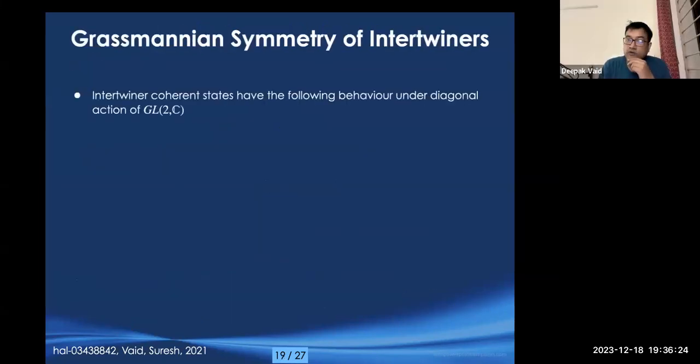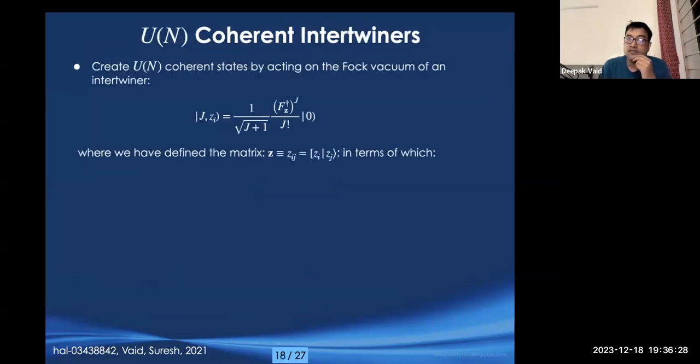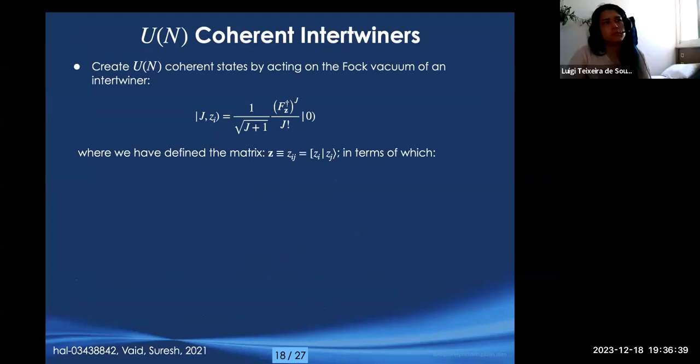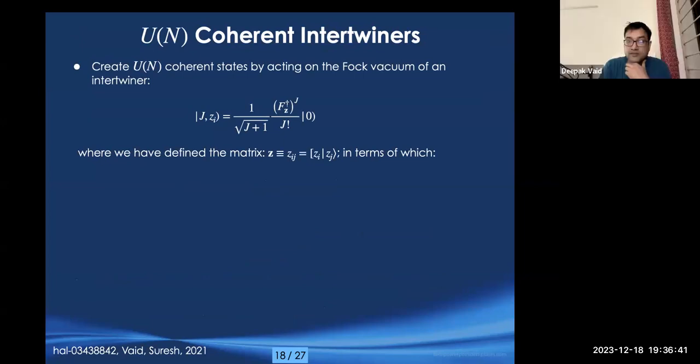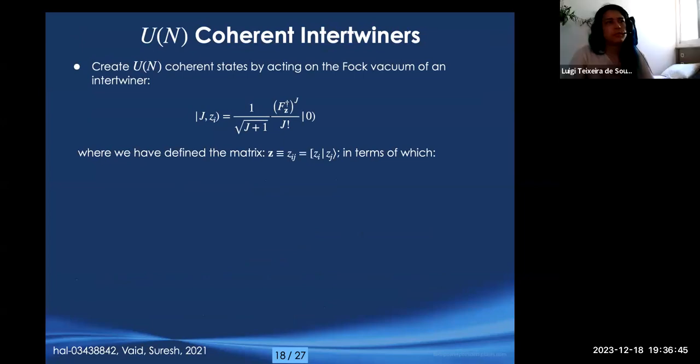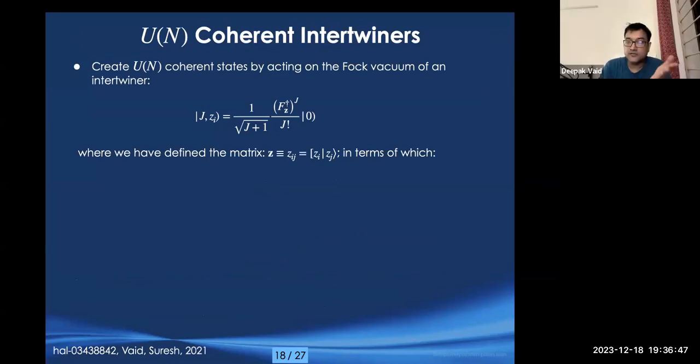Now, these coherent states have a symmetry. Remember that these Z variables had this Grassmannian symmetry, when we talked about the momentum spinors. So we can apply that same Grassmannian symmetry to these states.